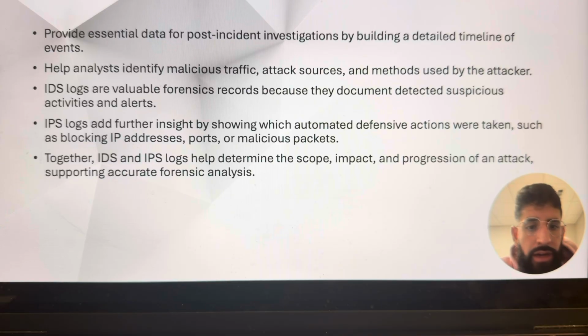IDS logs are valuable forensics records because they document detected suspicious activities and alerts. IPS logs add further insight by showing which automated defense actions were taken, such as blocking IP addresses, ports, or malicious packets. Together, IDS and IPS logs help determine the scope, impact, and progression of an attack, supporting accurate forensics analysis.